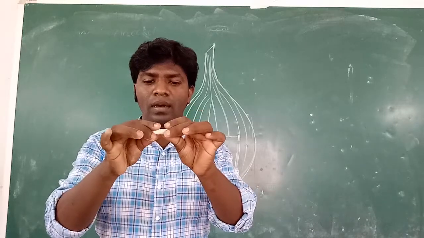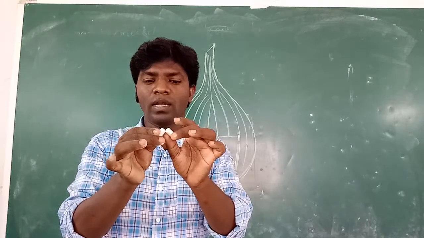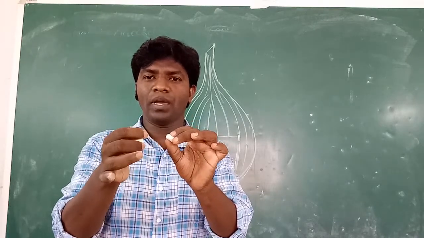While you are breaking the 2 equal parts of the onion, a translucent membrane will appear.